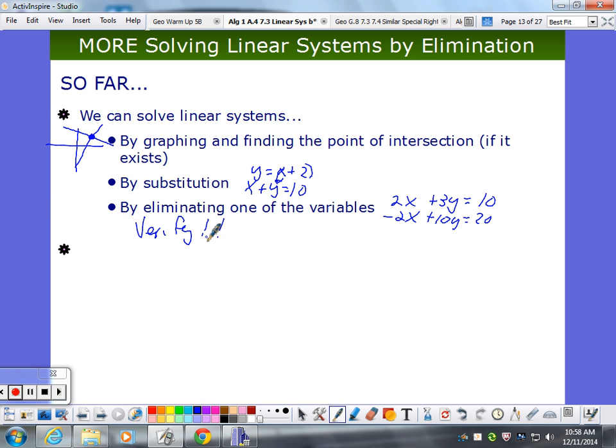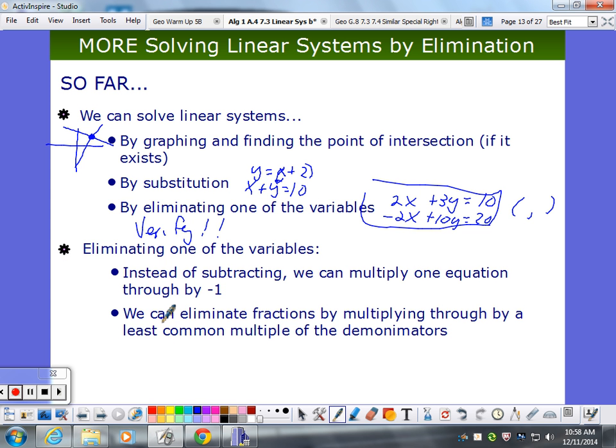A hint for you is, when you don't get these right, what I do is circle the problem, go away from it and leave it alone, do anything else, and then come back later with a fresh sheet of paper and do them so you don't keep making the same mistakes. But anyway, we found when we were eliminating variables that sometimes you couldn't just add them.